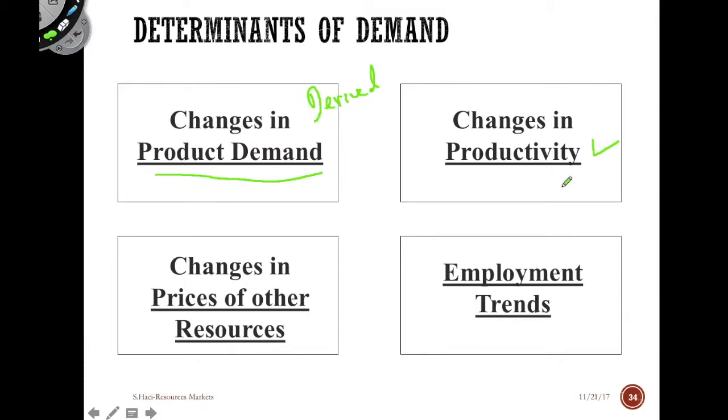If each worker is able to produce more per day of work, then there will be fewer workers that are needed. The price of other resources. So for instance, if capital becomes cheaper relative to labor, then companies will hire more capital and less labor. And other various employment trends.